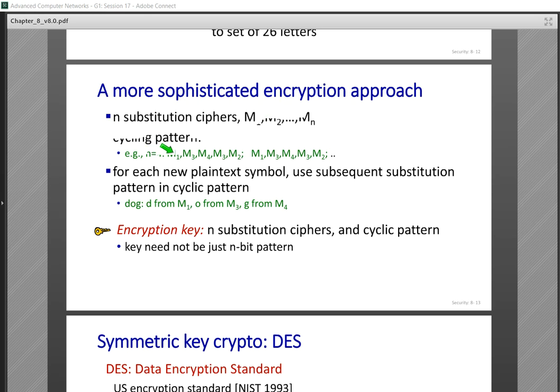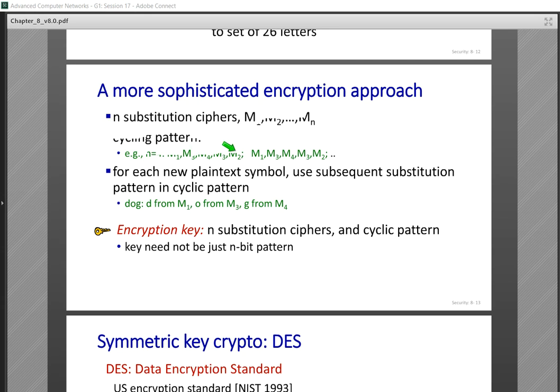And then for the first character, I'm using pattern M1. For the second character, I'm using pattern M3. For the third character, I'm using pattern M4. For the fourth one, M3. For the fifth one, M2.